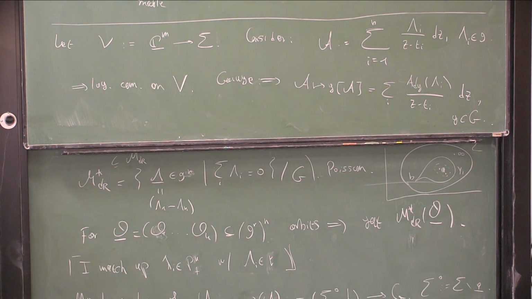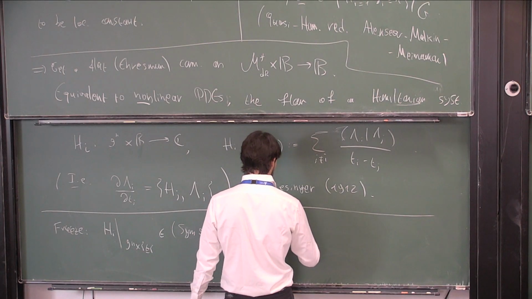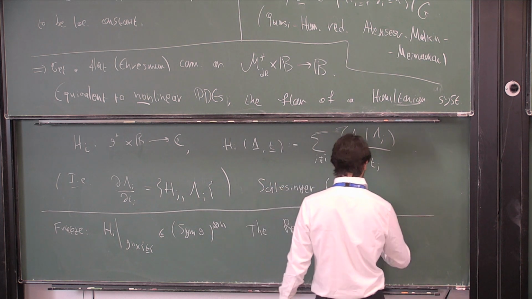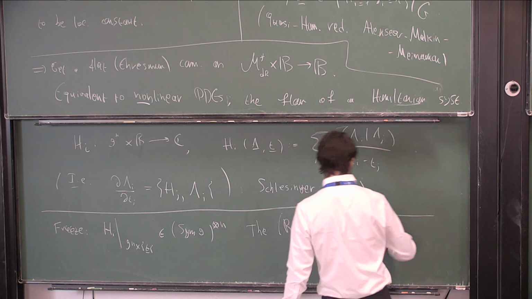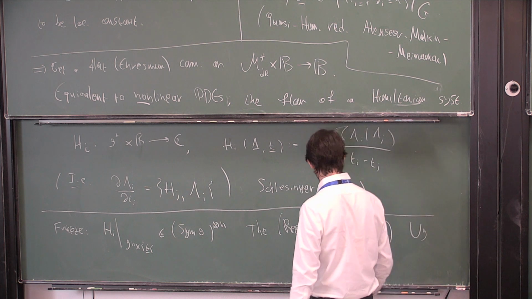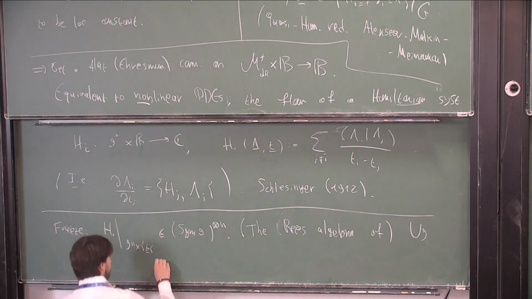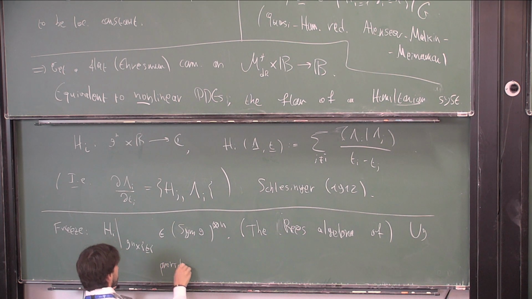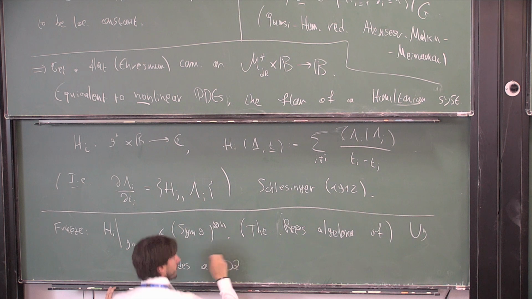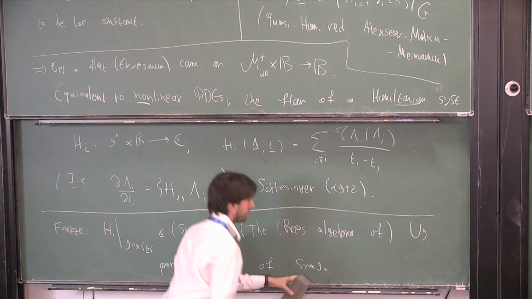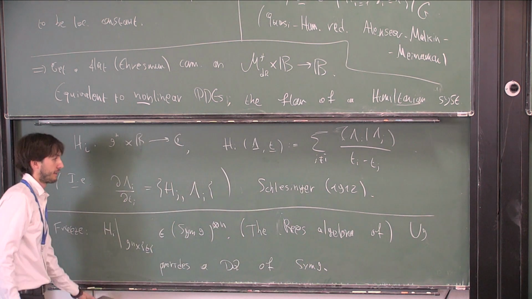I can now just say that formally I should say that the Rees algebra of U(g) provides a deformation quantization of this algebra here, of Sym(g), and then you just put tensor products everywhere, okay?